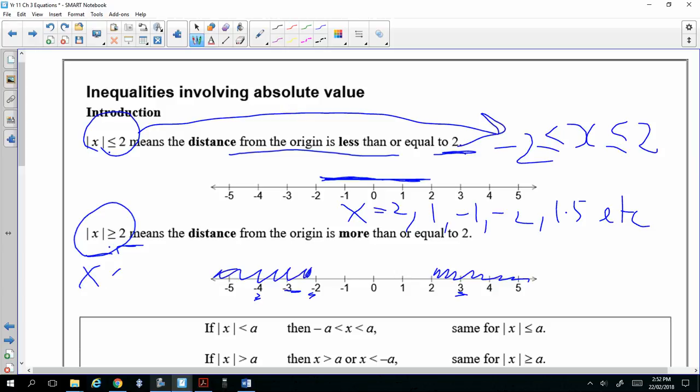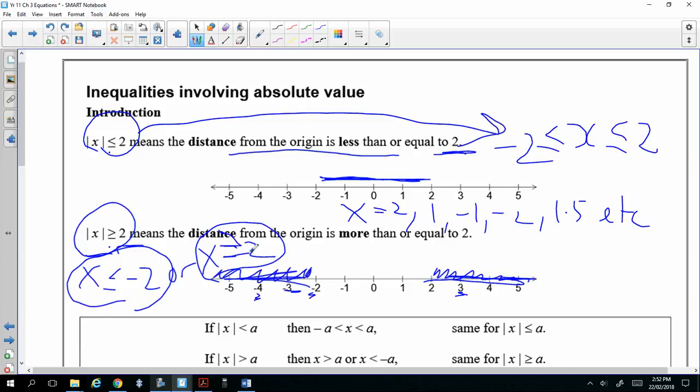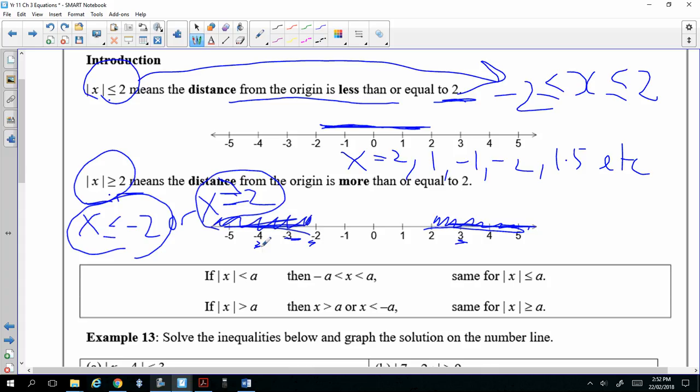So now we have a conclusion. Whenever you see this form, less than a is in between, bigger than is bigger than or less than. The same goes for less than or equal to.